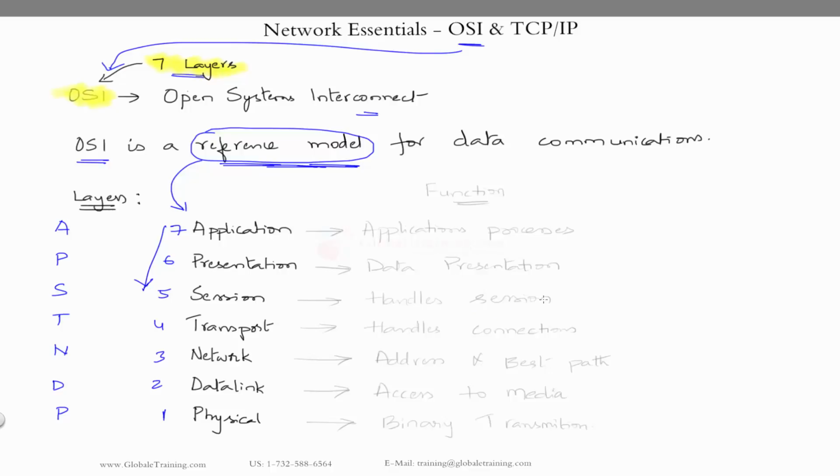Session means the actual communication between A and B, the two computers. Now how is the connection handled? How does computer A, the first computer, know the computer B? Or what kind of network cable is used to connect both computers? All that is handled by different layers, and that's why logically they have this order.